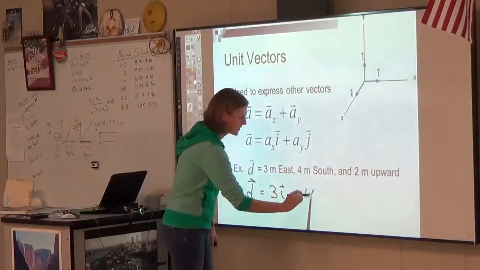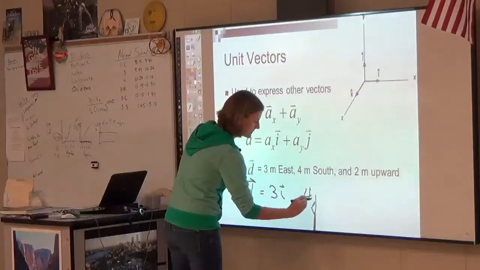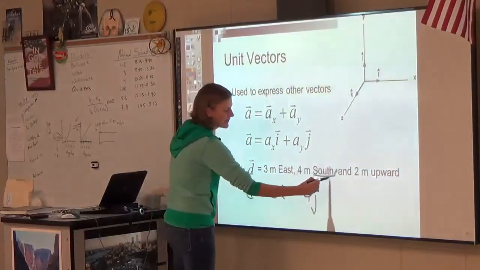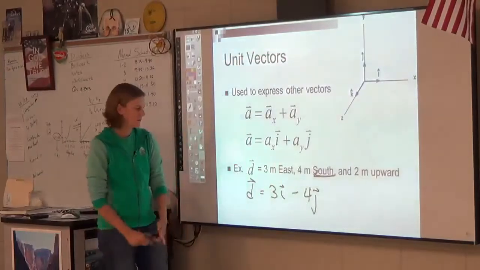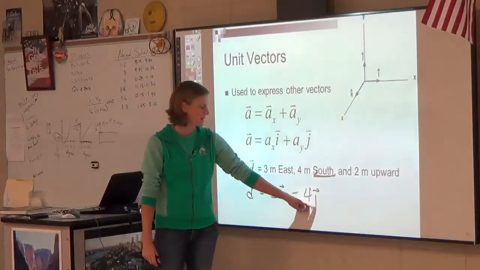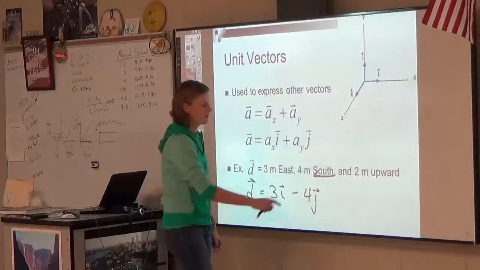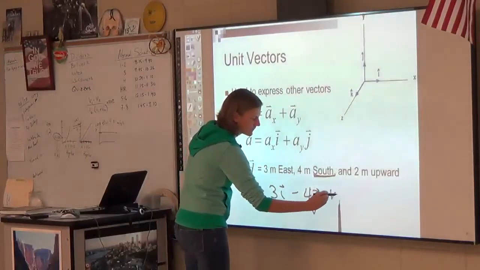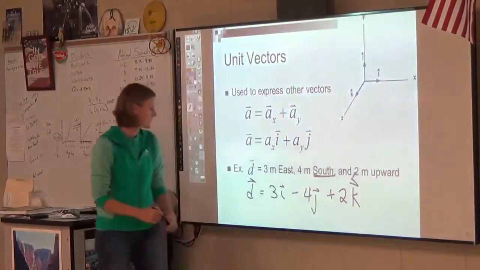Okay, so here's my 4. 4j. But it does have to be negative, because I want to indicate south and not north. So you would have just negative 4j. The j just means I'm talking about the y direction. Negative, now you know it means down. All right, and 2 meters upward, k. So that's it.